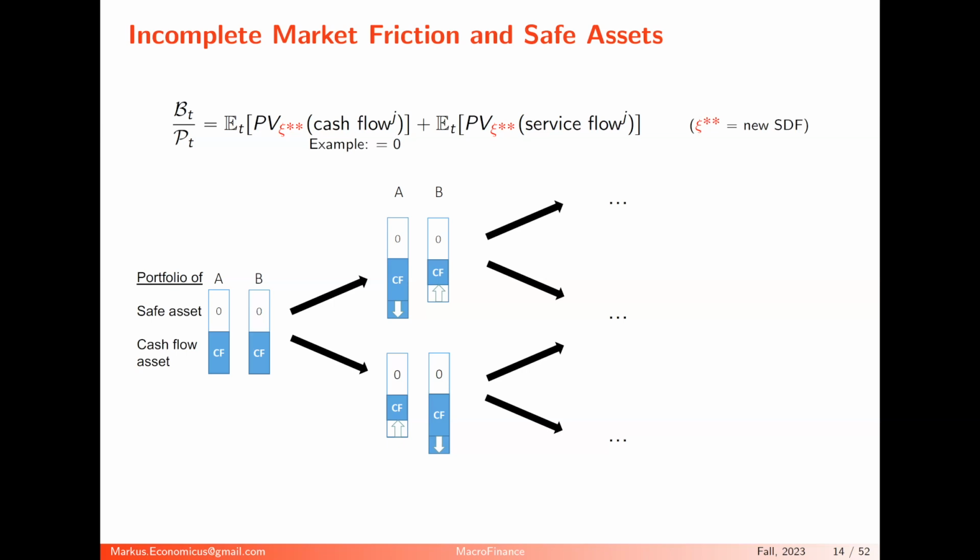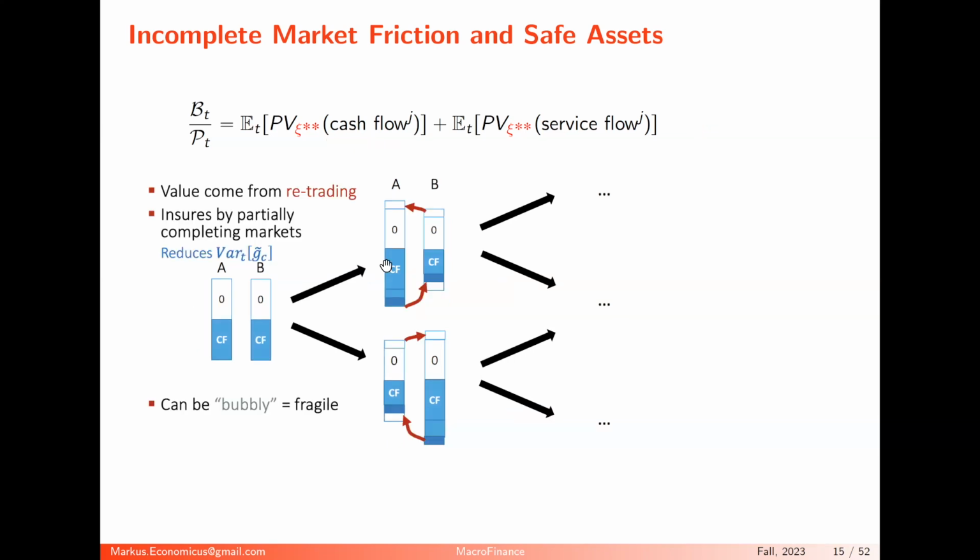Now, what they can do is they can say, we actually have these assets. If the world goes up, Alan says, I buy some of your 0 cash flow assets, if it has positive value, in return for the positive cash flow asset. And when the world goes down, they trade in the opposite direction. Okay. So in a sense, from an ex-ante perspective, even though this asset has no cash flows, and you might think it is worthless, what should I do with a 0 cash flow asset?